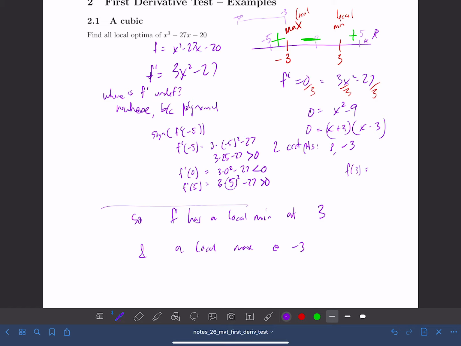If you care about what the height of that local minimum and local maximum are, you can plug them into that function. I don't think that's particularly important right now. You know how to evaluate a function, right? This was about classification, and that classification was local min, local max, based on the sign change in those places. Negative to positive, positive to negative for f prime.